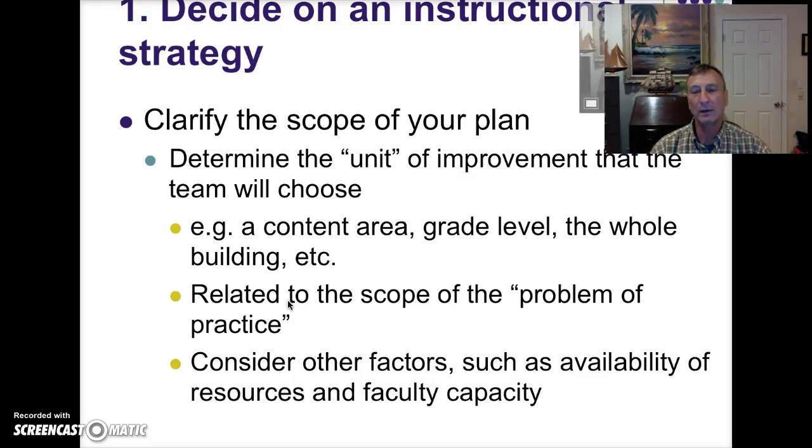And what factors, such as the availability of resources or faculty capacity to change, might be relevant here. So these are questions we want to address in the discussion of 7.1, which is looking at Clark and Franklin.